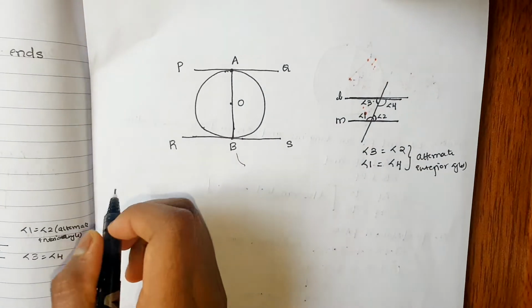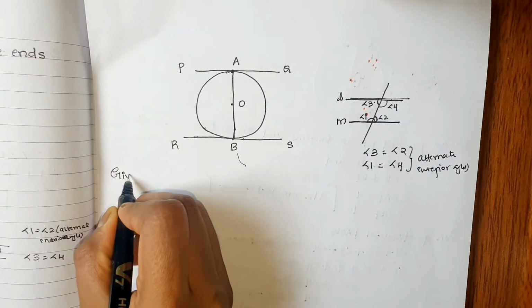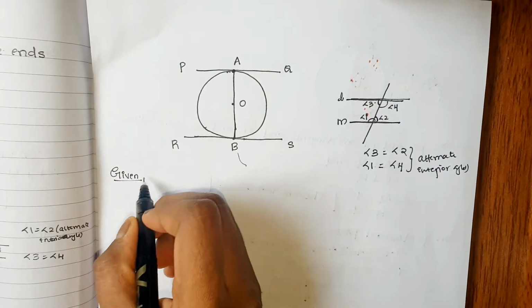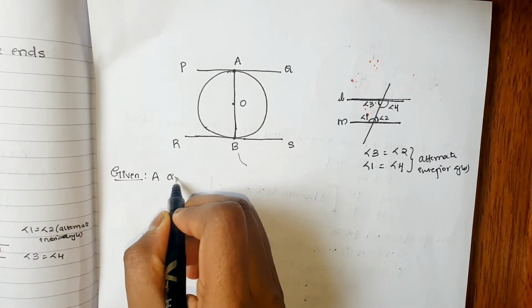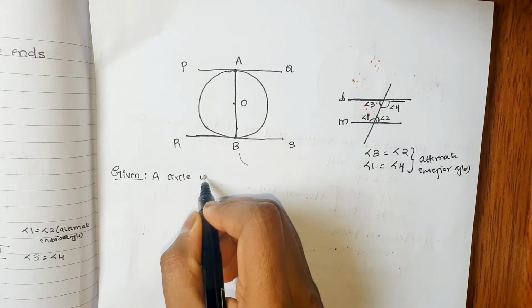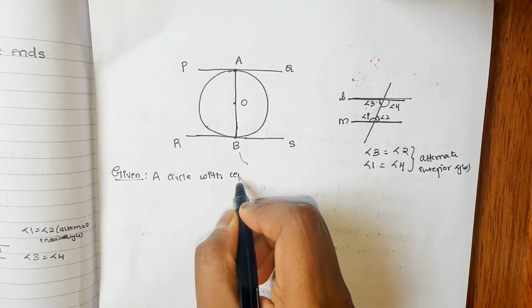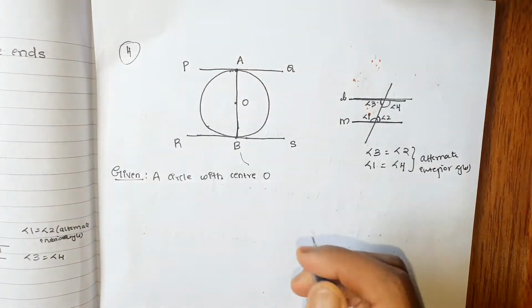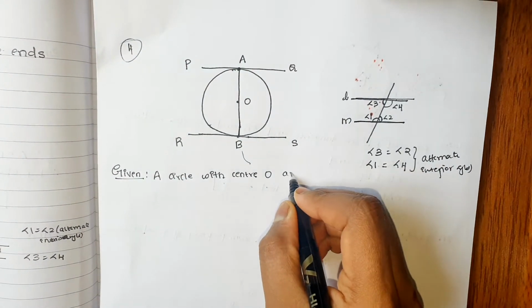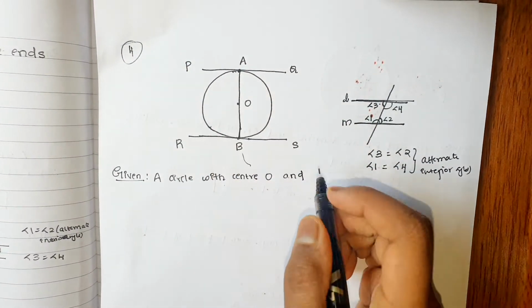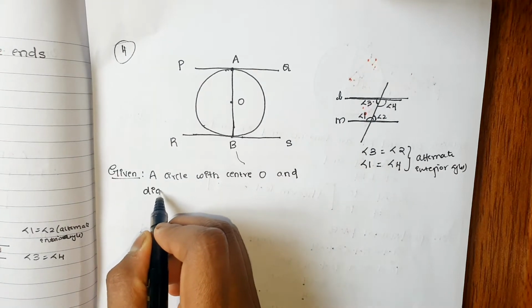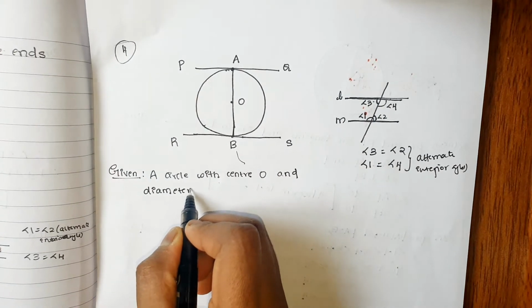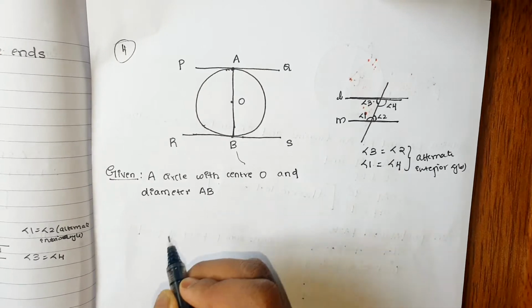So students, what is given here? Given: a circle with center O and diameter AB.